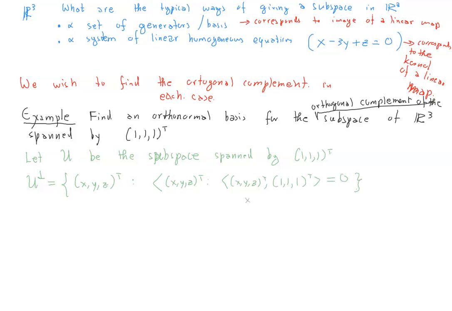This is x plus y plus z is equal to 0. So all we have to do is solve the equation x plus y plus z is equal to 0. Think of it as a subspace and find an orthonormal basis. Of course, always you need to find a basis and then turn it into orthonormal by using Gram-Schmidt.